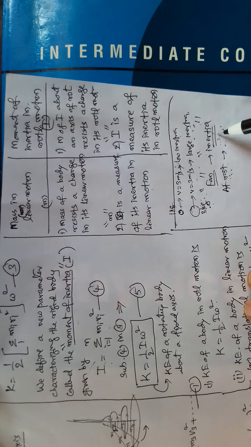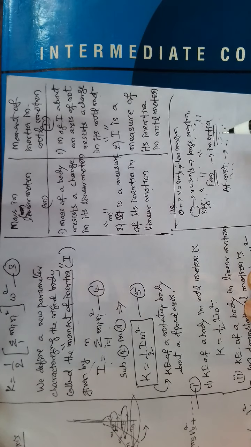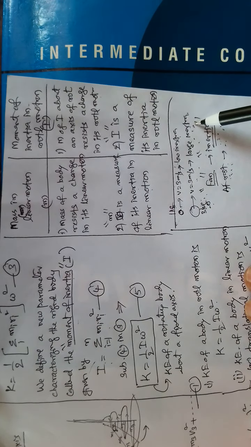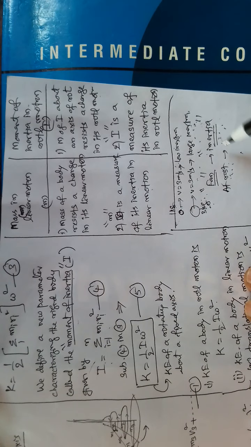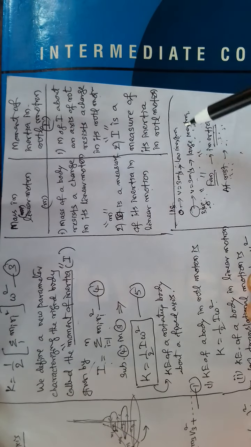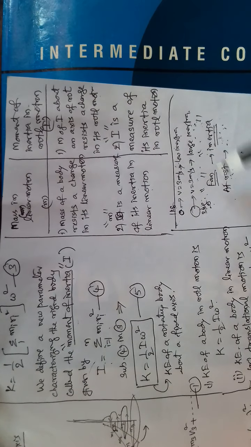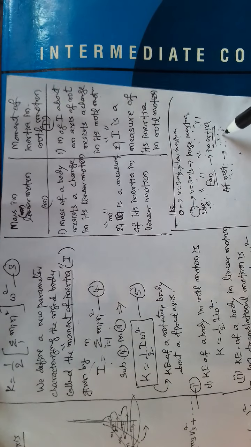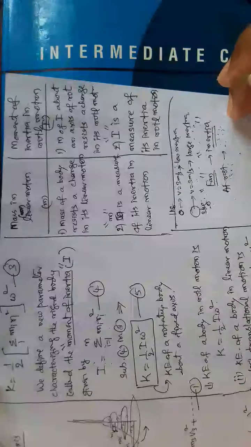In linear motion, inertia depends upon mass. More the mass, more the inertia. And in rotational motion, the rotational inertia depends upon the I value. If I value is small, rotational inertia is small. If I value is large, rotational inertia is also large.